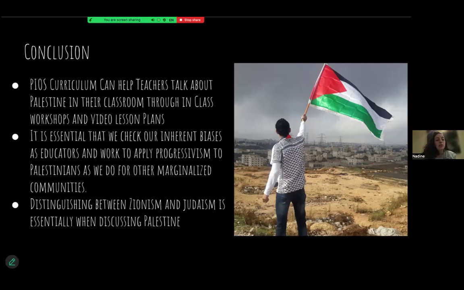And it is essential that we check these biases that we have as educators and see where we apply these ideas of progressivism to certain communities and not others, and to not make Palestine that exception. And that it's so, so important.